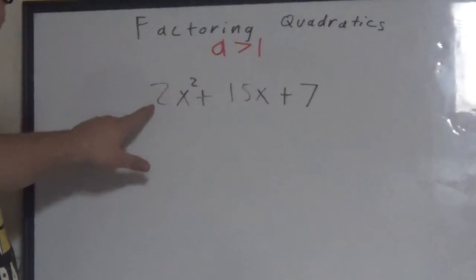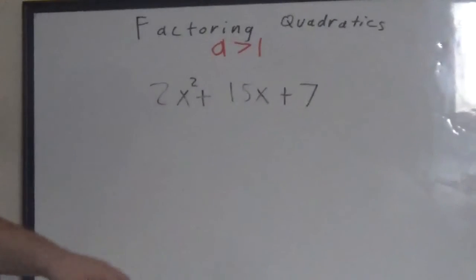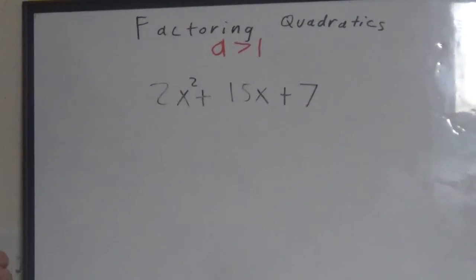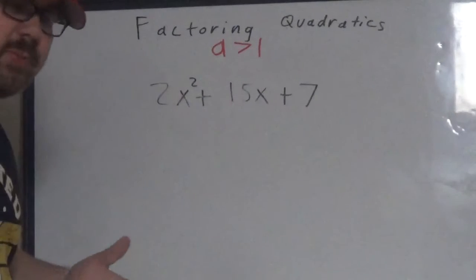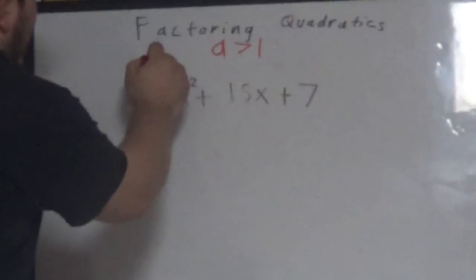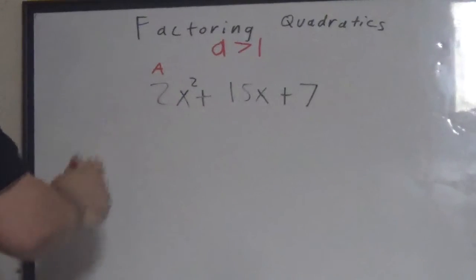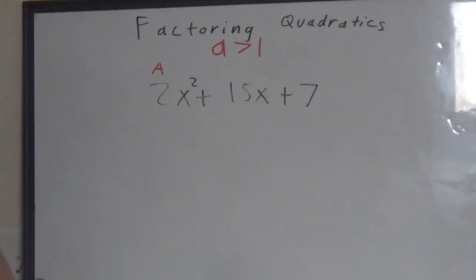To begin with, here's a quadratic expression that says 2x squared plus 15x plus 7. The first thing I want to do is label a, b, and c. You'll probably, for the most part, do this mentally, but I'm going to label it for our video. A is the coefficient of x squared.